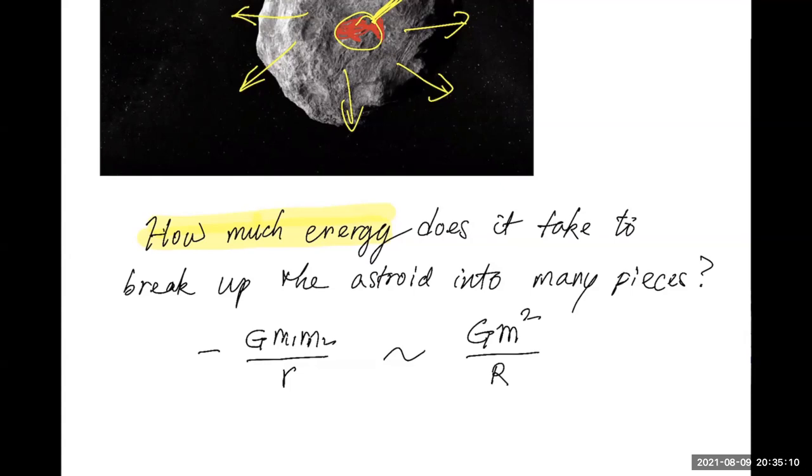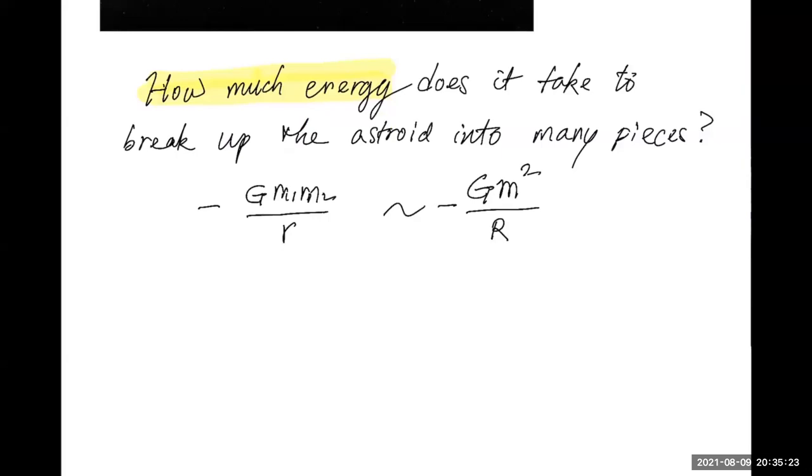So it's negative, and in order to lift this negative potential energy to 0, you have to give it enough energy. So the energy released by the nuclear bomb has to be of this order of magnitude: delta E is of the order of G times the mass squared over r.